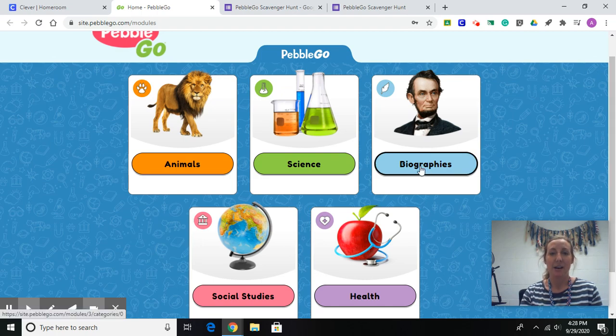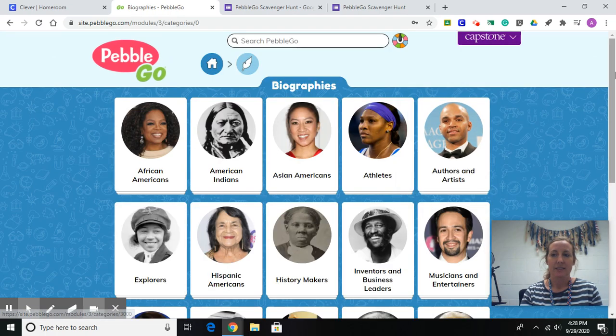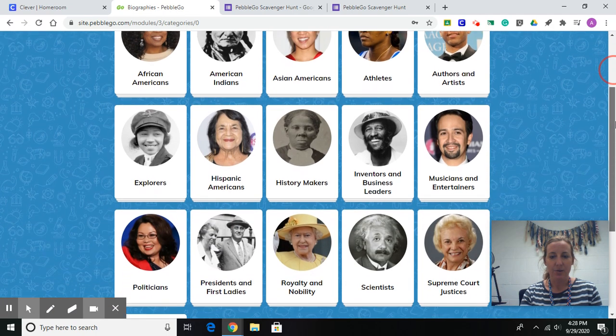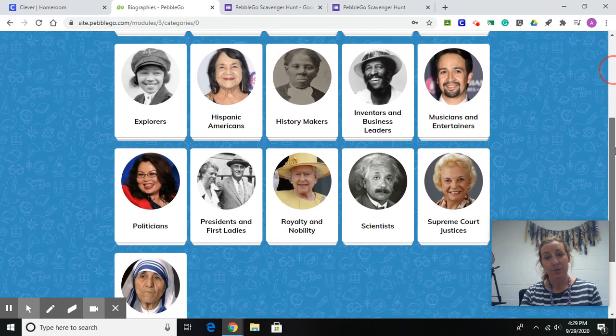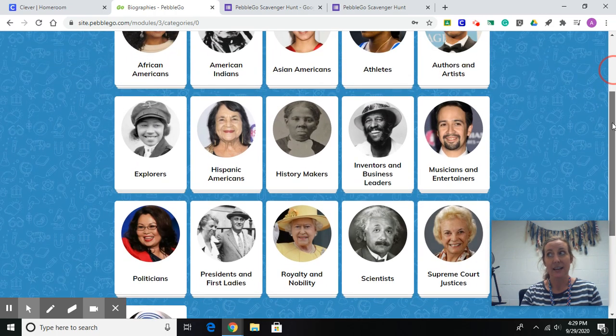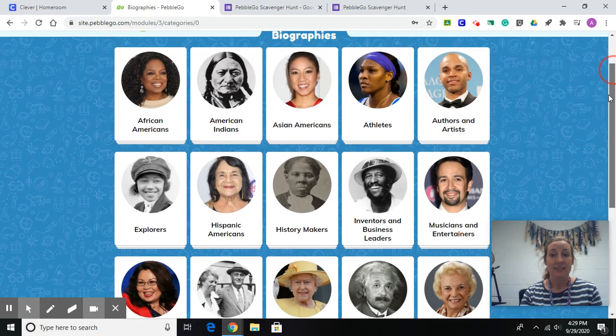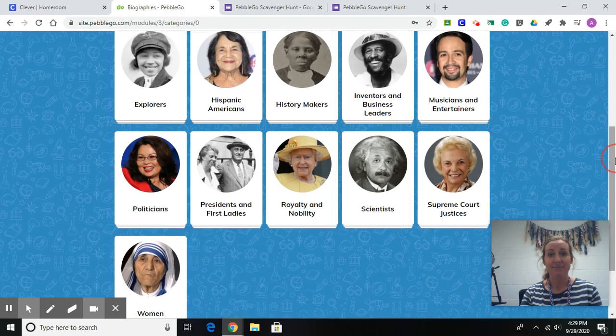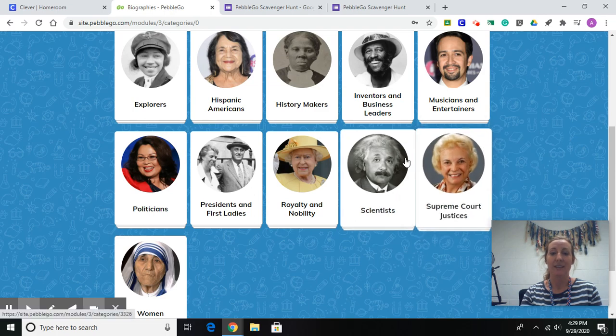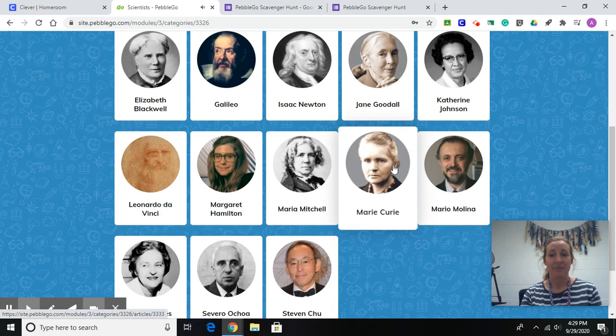Biographies. So I'm going to click biographies. So I have all these categories listed. Now my next clue was the word scientist. Do I see scientist as a category here? I do. So I'm going to click scientist.